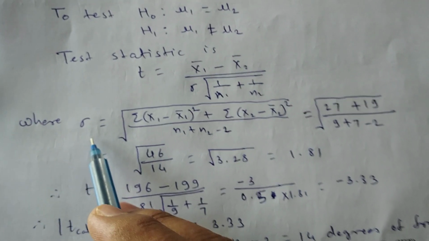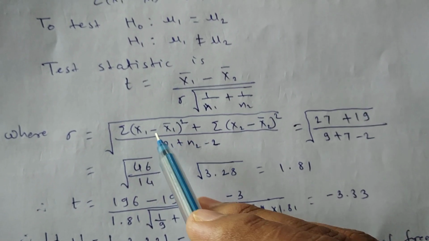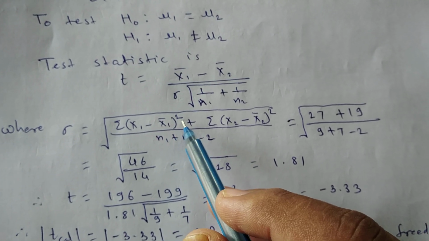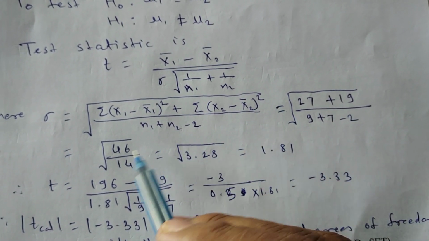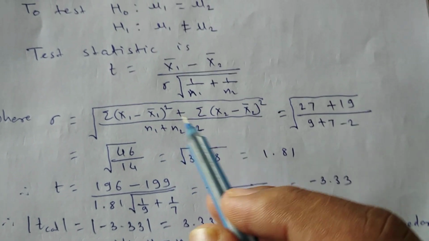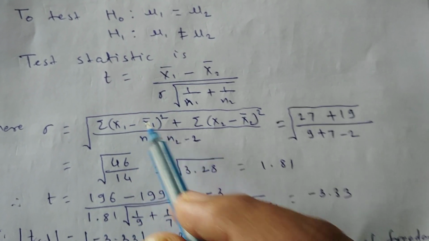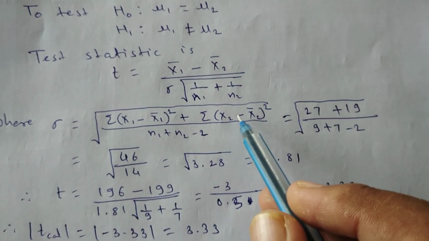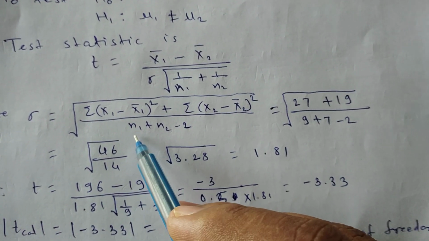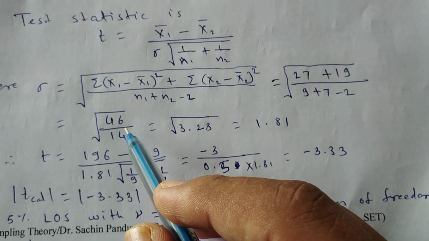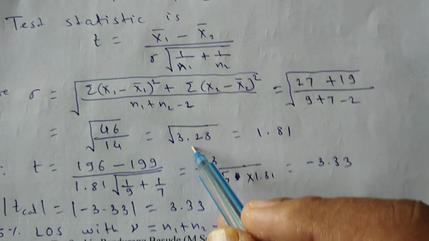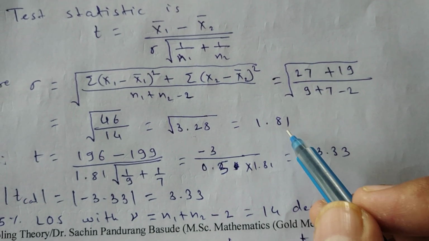So we know the formula sigma equal to under root of summation of x1 minus x1 bar square plus summation of x2 minus x2 bar square divided by n1 plus n2 minus 2. And its values are given, which are 27 plus 19 divided by n1 is 9, n2 is 7, minus 2. So this is under root of 46 by 14, which is under root of 3.28, which is 1.81.